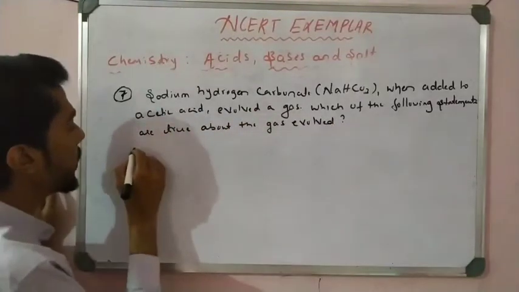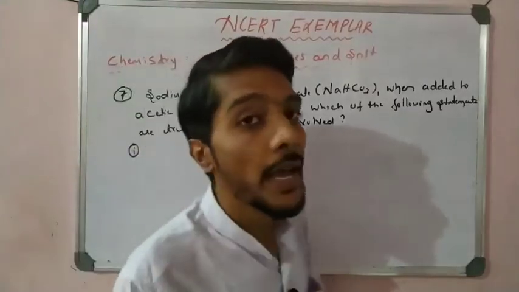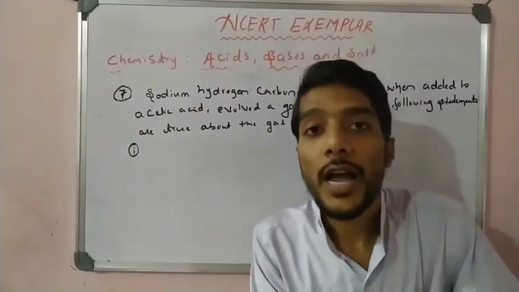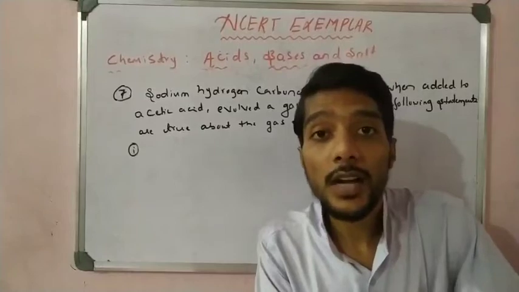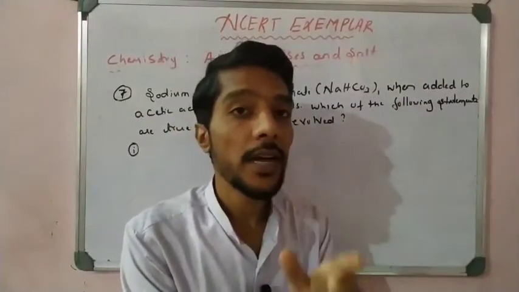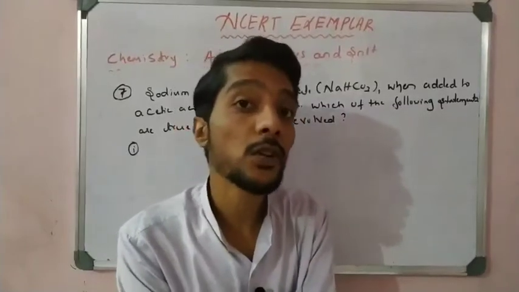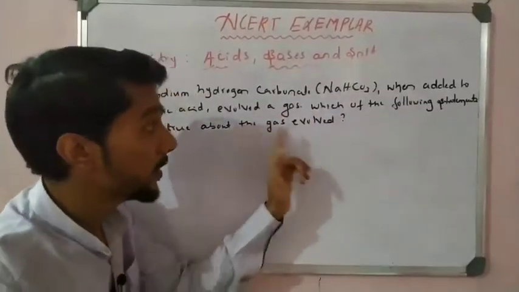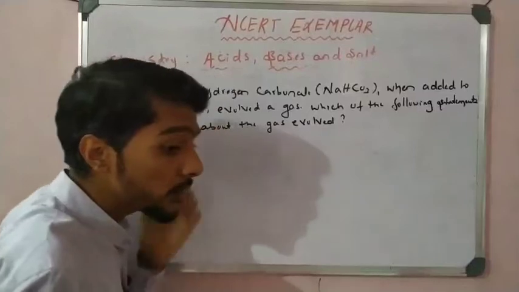Let us see. This is very important. We already know about the reaction of acids with metal hydrogen carbonates and metal carbonates. We know the NCERT title: acids react with metal carbonates and metal hydrogen carbonates. So that is important for the statements here.